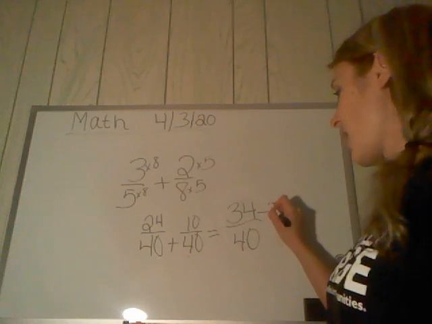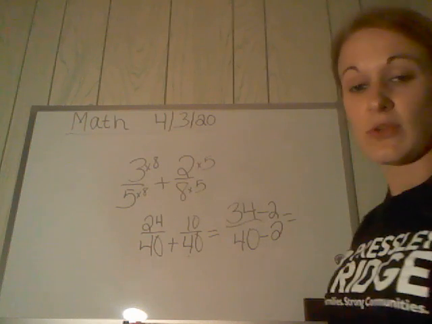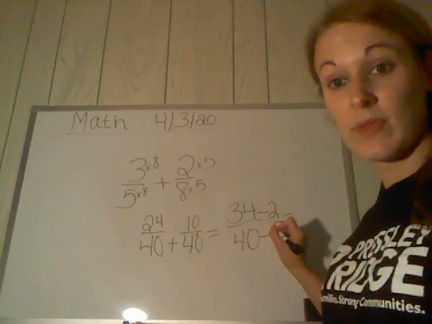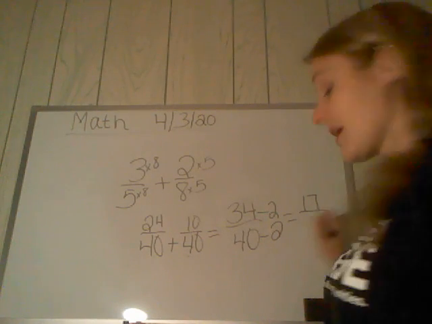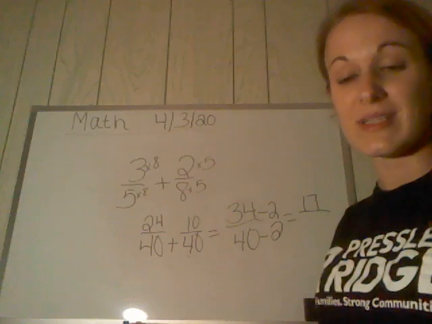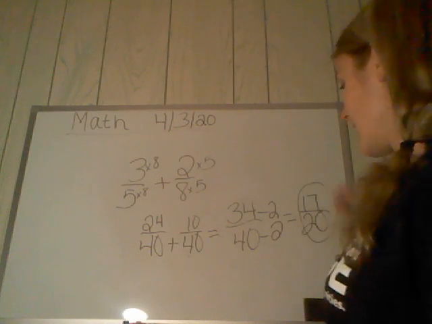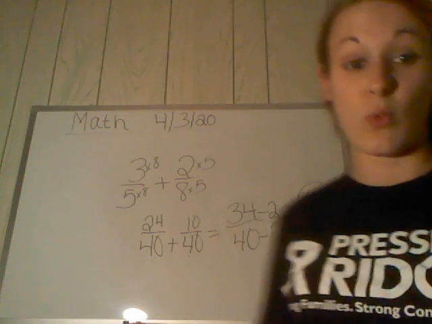So let's try 2. 34 divided by 2 is 17. And 40 divided by 2 is 20. So that is going to be your final answer. It cannot be reduced anymore.